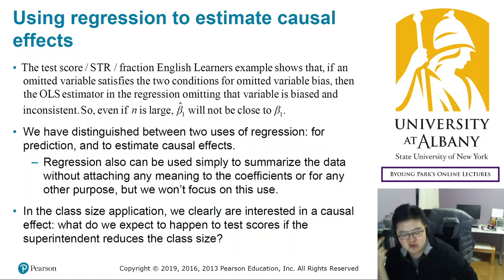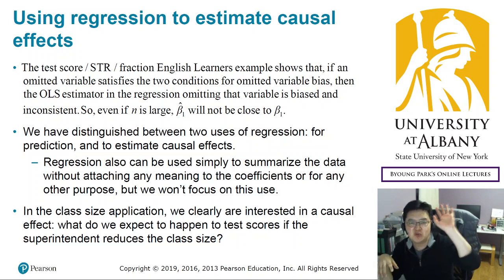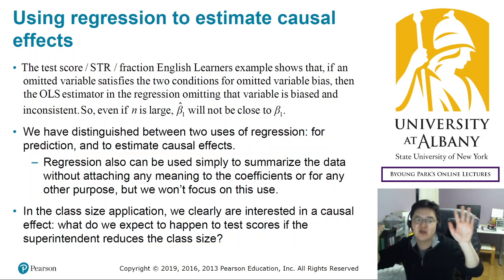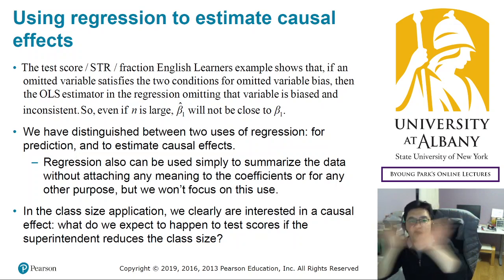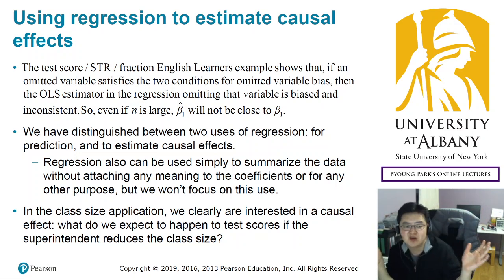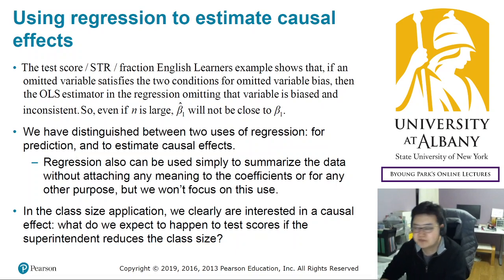Then what I want to estimate is, suppose that I hire more teachers, and think about two scenarios: hire more teachers, or not. And what would be the difference in the test scores between these two scenarios? Both are hypothetical, imaginary scenarios, but we would like to say something from the data.